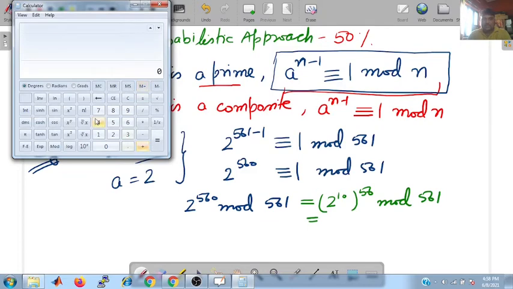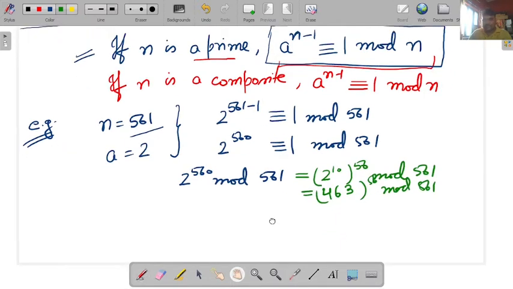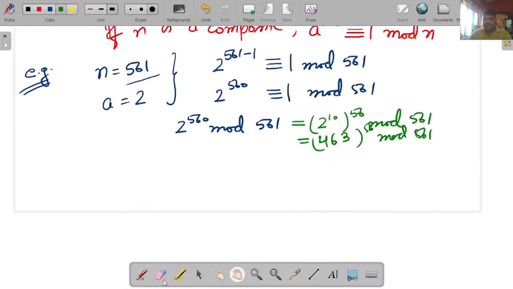Let's check. 1024 mod 561, what do you get? 463. You get 463 to the power 56 mod 561. Let's solve this.